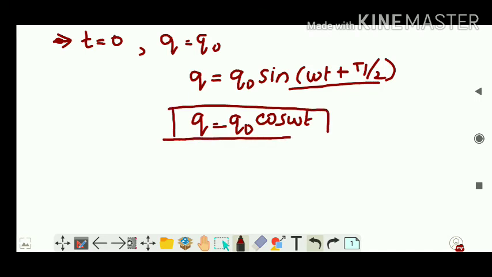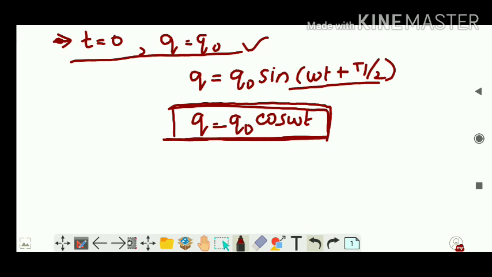So I am telling you again, at t is equal to 0, when the capacitor is fully charged, the charge stored in the capacitor is in the form of a cosine wave. Clear? The charge varies with time in a cosine form.